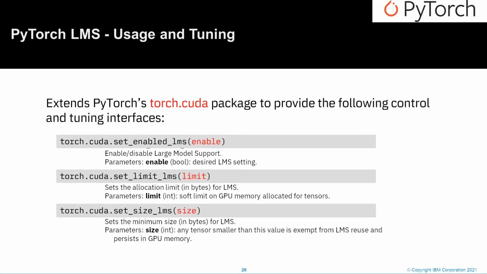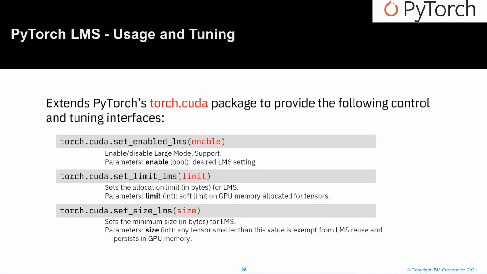For PyTorch, it's even simpler. You just have to call cuda.set_enabled_lms, and that's it. You can optionally play with 2 parameters from LMS, the limit size and the size, but usually you can just run it with the first option.